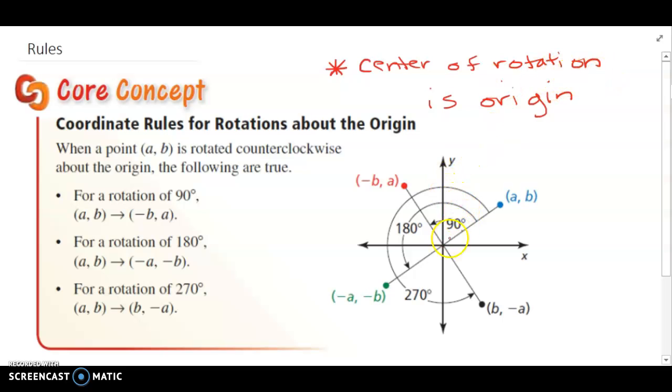So when we rotate about the origin so many degrees, we have a rule when we rotate it 90 degrees, a rule for 180 degrees, and also a rule for 270 degrees. These are just like reflection rules. We read them the same way. This is something you need to know and memorize, so please do that. Once again, this is when we rotate it counterclockwise.